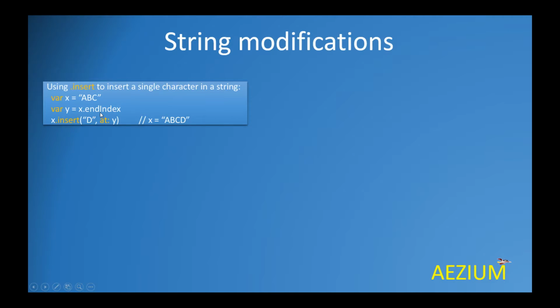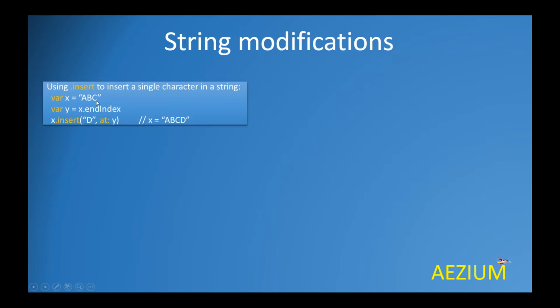The format of this is the name of our string variable x, dot insert keyword, parentheses. Inside parentheses, as the first argument, we have the character we want to insert inside this string, comma, keyword at followed by colon, and y is the position where we want to insert this character.